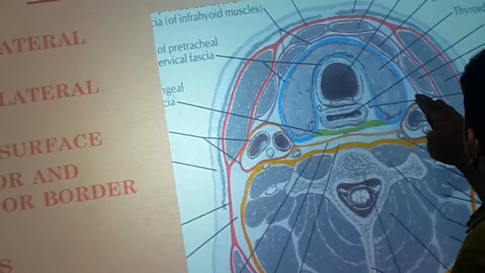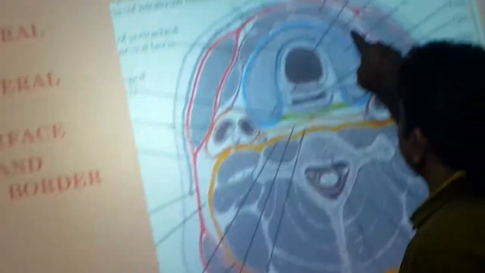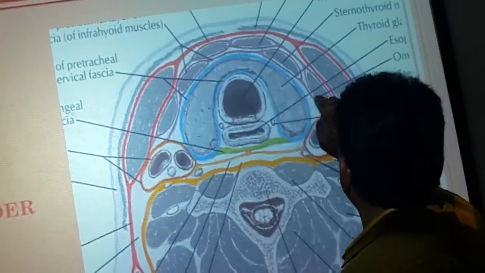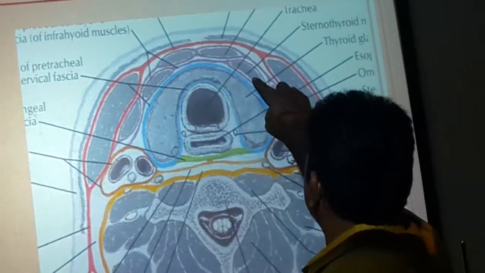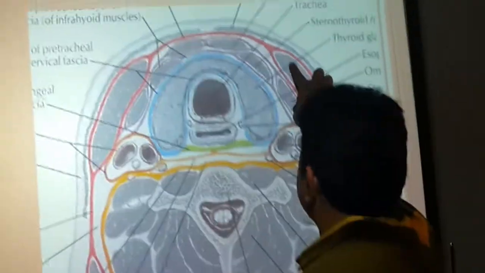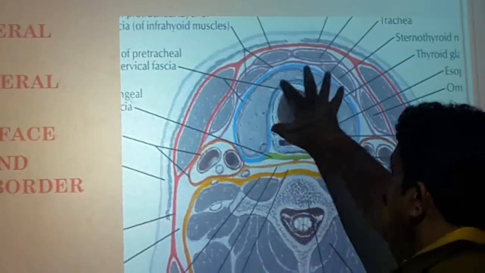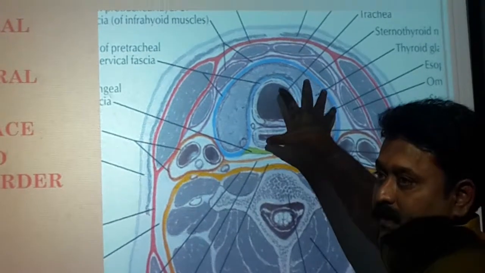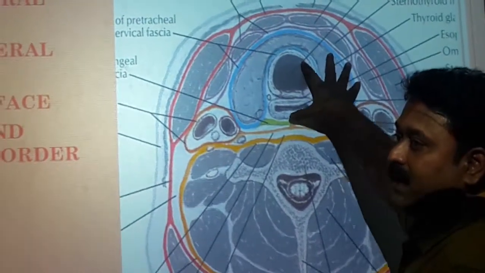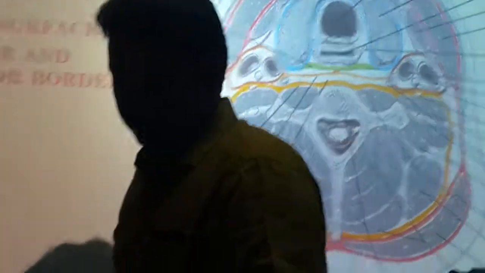This is the thyroid gland, sternothyroid muscle, and this is omohyoid muscle, and this is sternocleidomastoid muscle. Looking at this diagram, you will come to know the relations, anterior relation, posterior relation.